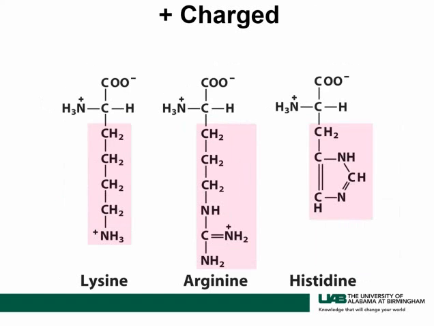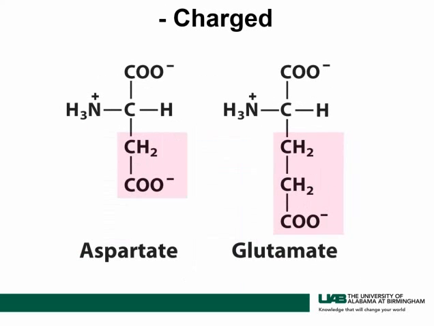Next one are the positively charged. Again, anytime you see an ionic form of a molecule, that is very, very polar. So you got lysine that is positively charged, arginine that is just positively charged, and histidine, which also is positively charged. And then you have negatively charged, and that is the acid form, aspartic acid and glutamate.